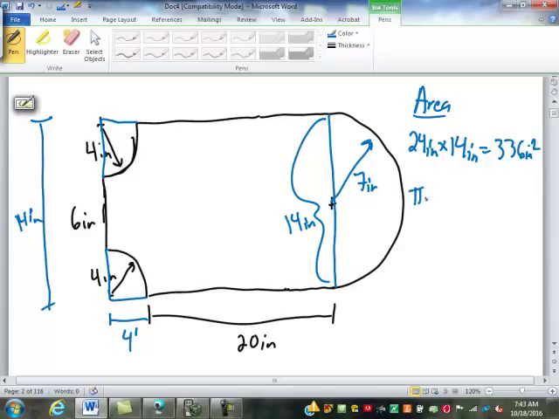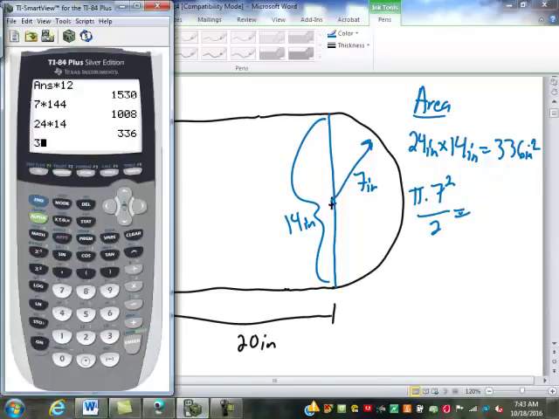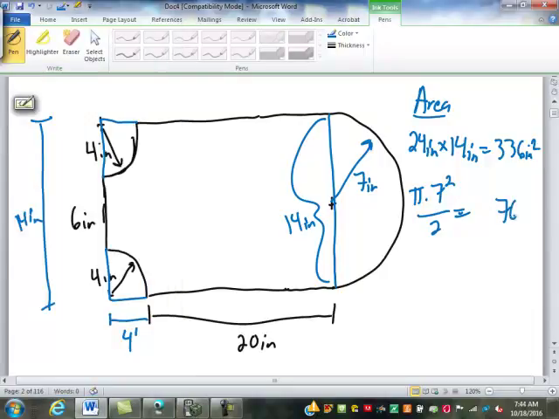So that area is pi times 7 squared. And of course, it's a half circle, so we're going to divide by 2 or multiply by 1/2. Either way you want to look at it. So 76.93 we get there, inches squared. Now if I add those up, I have 412.93.